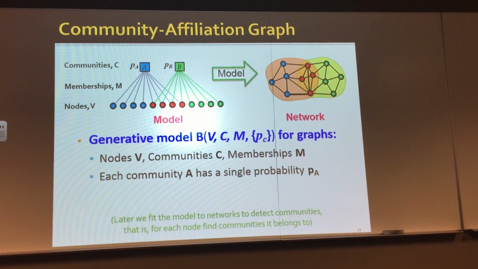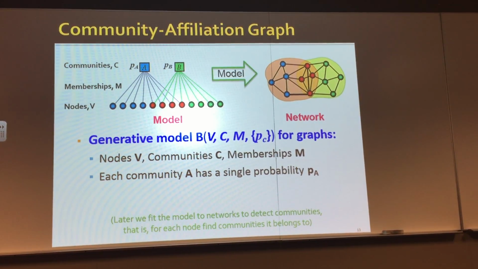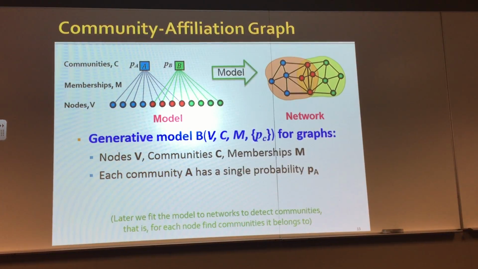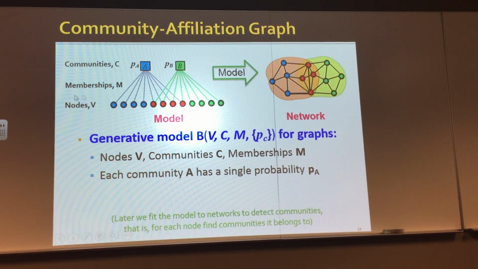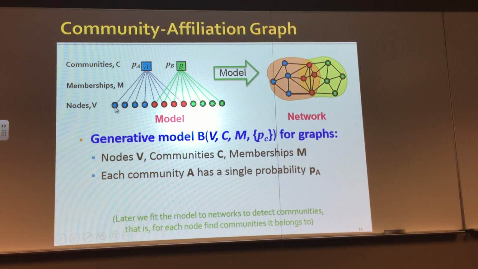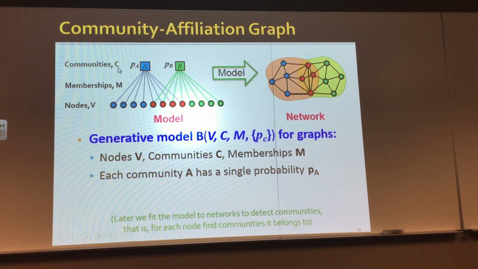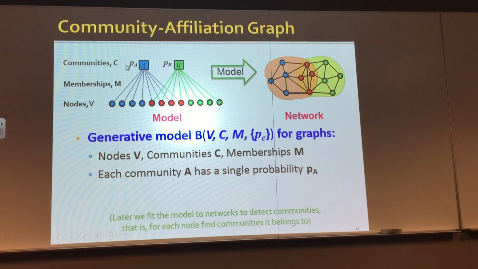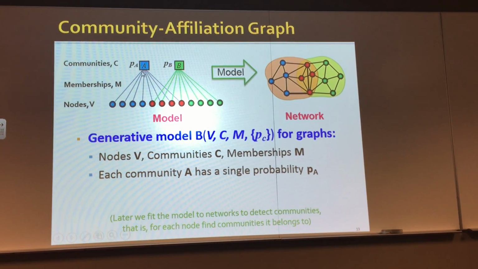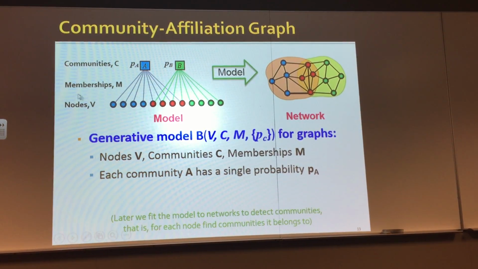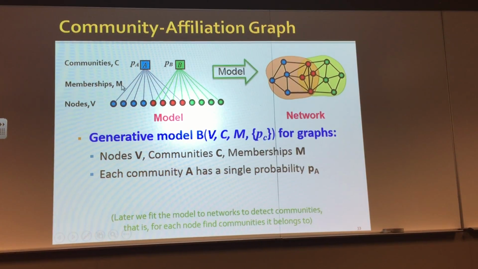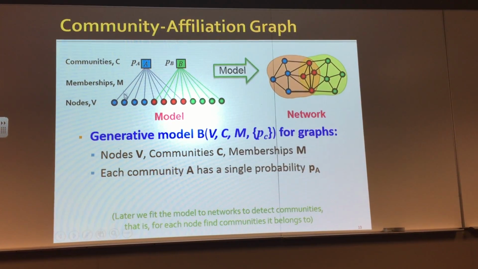So the first thing that we have here is the nodes, and the communities that they belong to. We also have the memberships, which community each node is a member of.